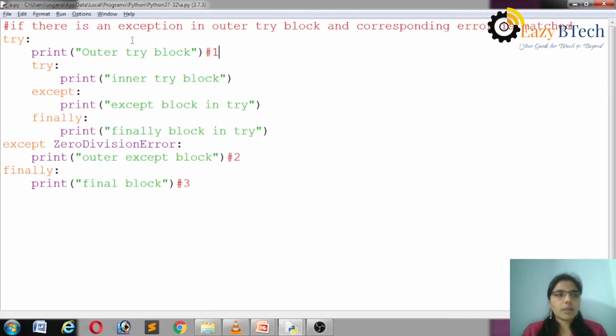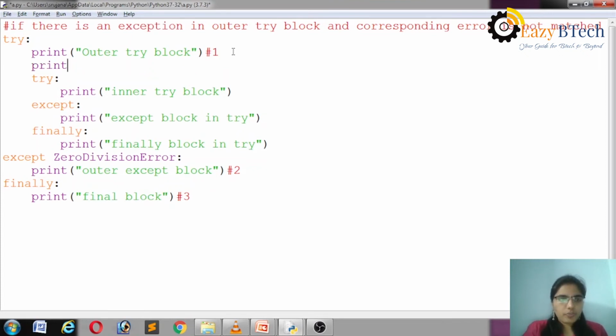Let's see an example. If there is an exception in the outer try block and the corresponding except block is not matched.